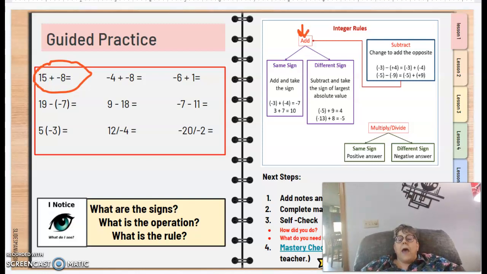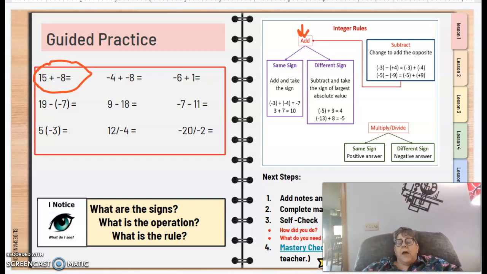So I'm going to follow this path. If they have different signs, you subtract and take the sign of the largest absolute value. So I take 15, which has the largest absolute value, subtract 8, which is 7, and then I keep the sign of the largest absolute value, which is positive.